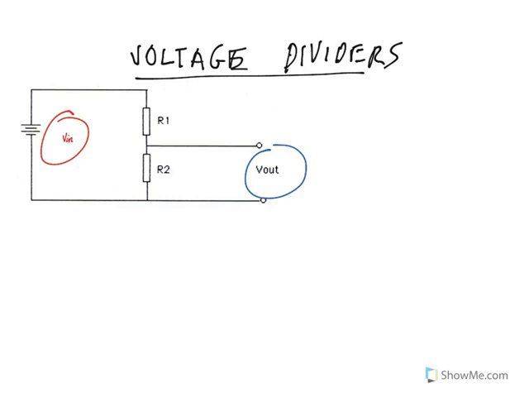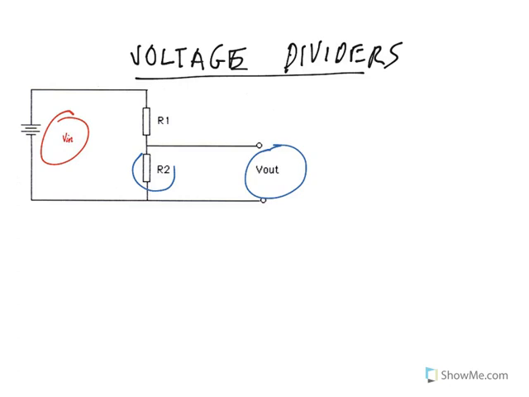Remember V out here is in parallel with R2, so whatever the voltage is on R2, it's the same as V out. So we want some lesser voltage, so we choose those two resistors in a particular way so that we get the voltage that we want.